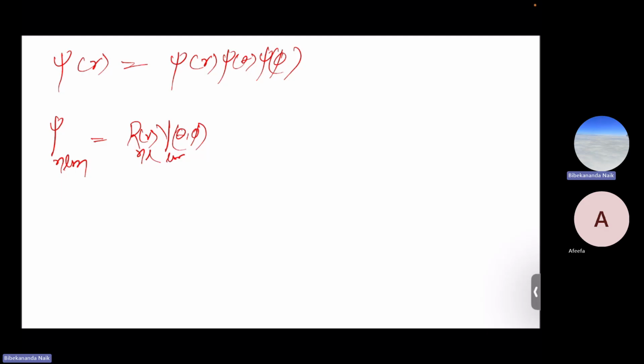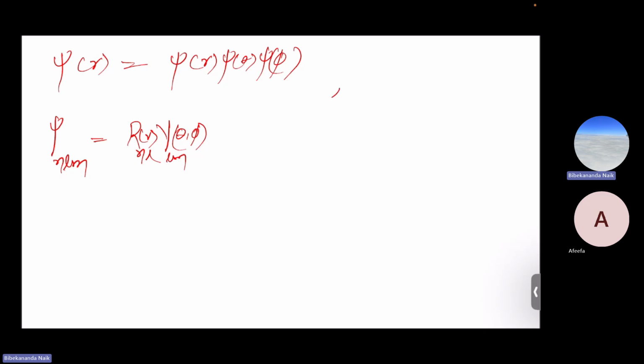Then the probability density distribution was also calculated, and we also found the expectation value. In classical mechanics we can measure a physical quantity with certainty, but in quantum mechanics, since particles show wave nature also, we found the expectation value.